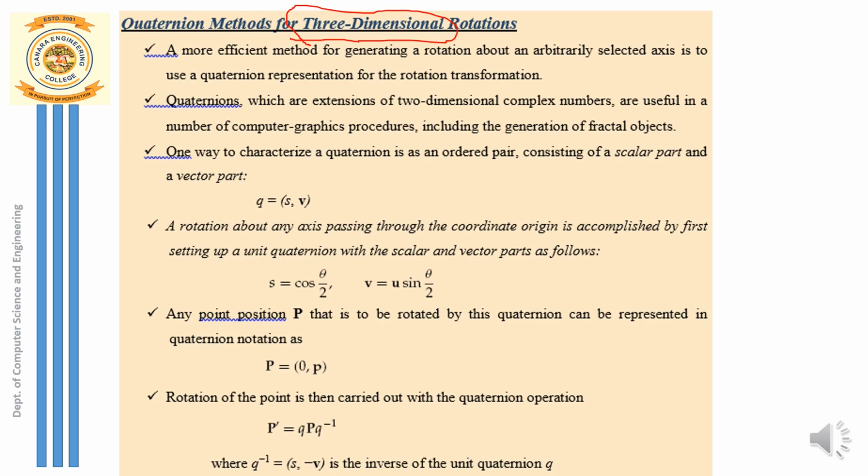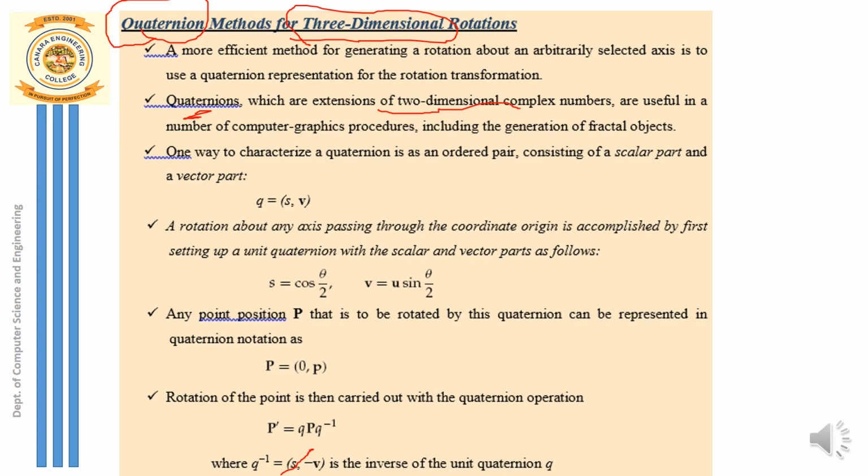But is there any way to skip those 5 steps and perform this 3D rotation in an easier way? How can I do that? I can skip the rotations along the three axes and the translations, and make use of something called a quaternion. A quaternion is an extension of a 2D complex number.